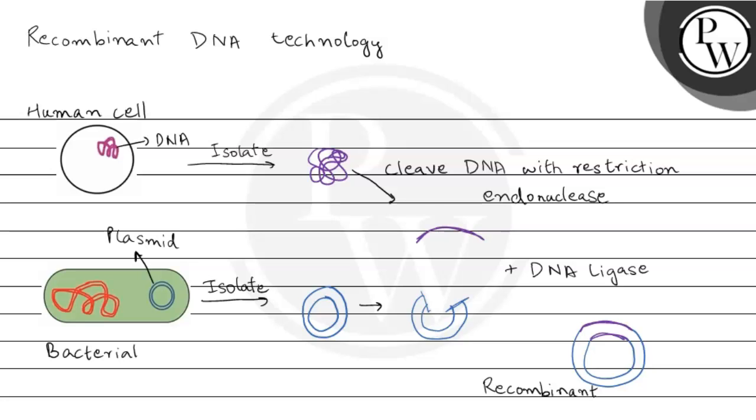So in this way, we added the gene of our interest into the bacterial cell plasmid. So this is the very basic step of recombinant DNA technology. So the main enzyme which plays the most important role in recombinant DNA technology is known as the restriction endonuclease.